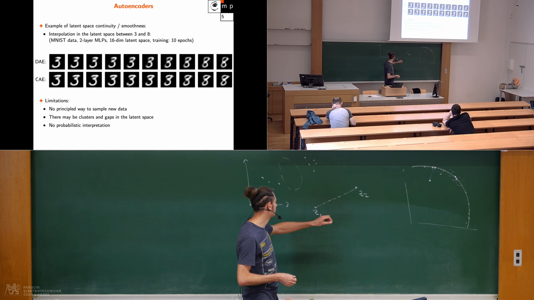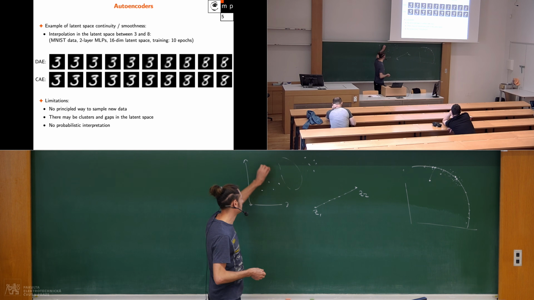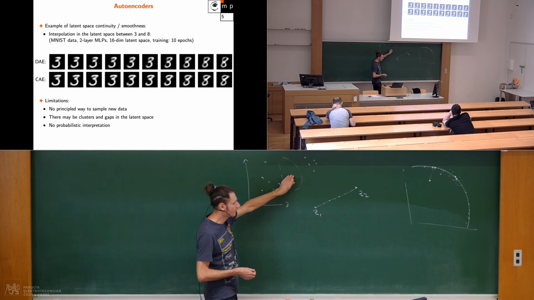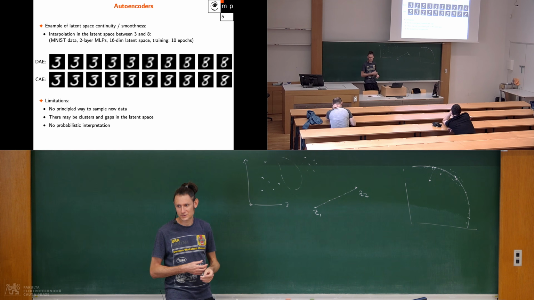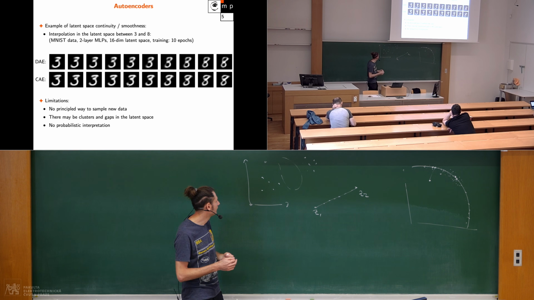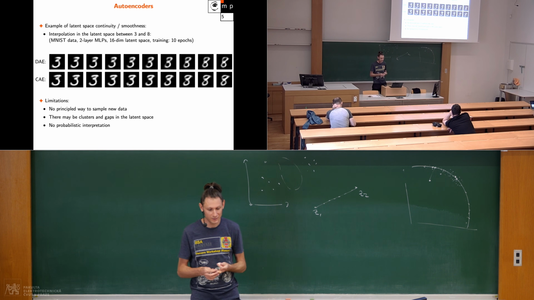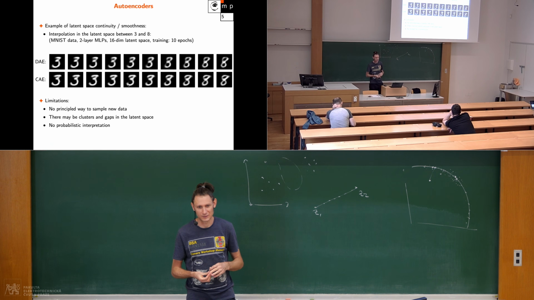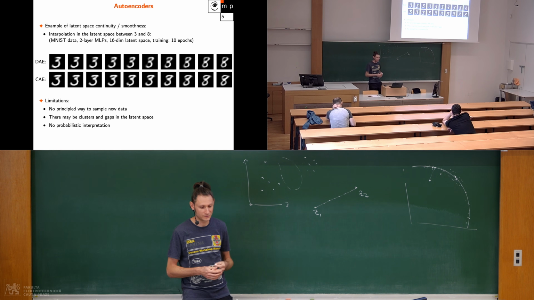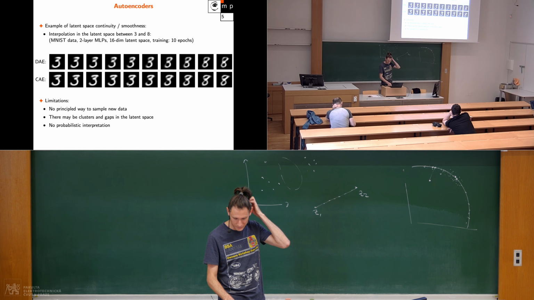Yes, we can interpolate. Yes, we can take a random point in this latent space, but it has no guarantees in terms of whether we approximate our training distribution, the data distribution.